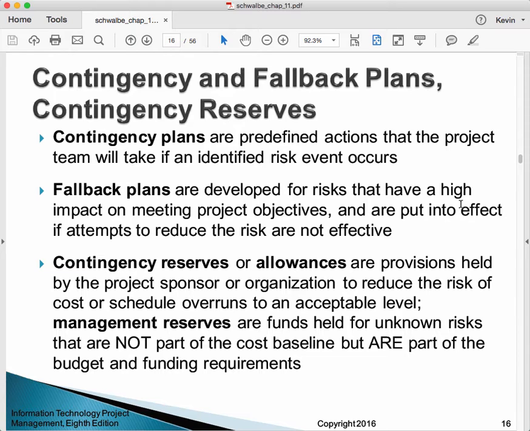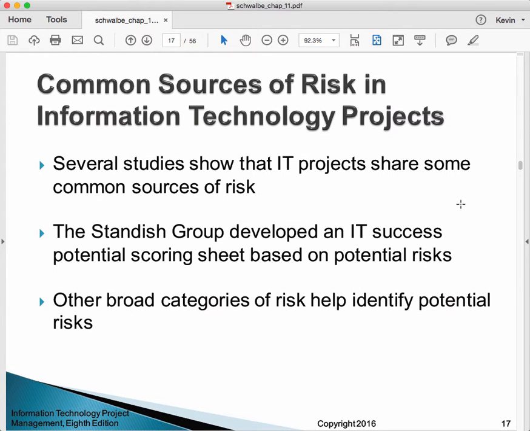So in order to deal with potential risk, especially on cost, they may reserve some funds that they don't put within the control of the project team. And that's what we're saying. It's not within the cost baseline, but they are part of the budget and funding. Management reserves.